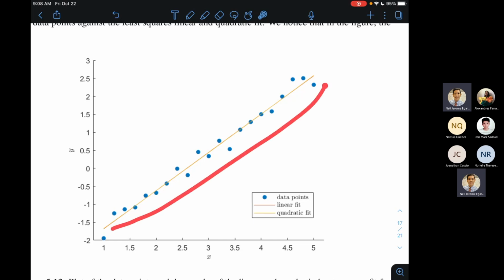Pero I think dahil kung makikita niyo yung quadratic fit ay almost aligned, if not exactly aligned, then I'm guessing that the A value that I got from that linear system is close to zero. And this is due to the fact that we didn't restrict A to be non-zero.